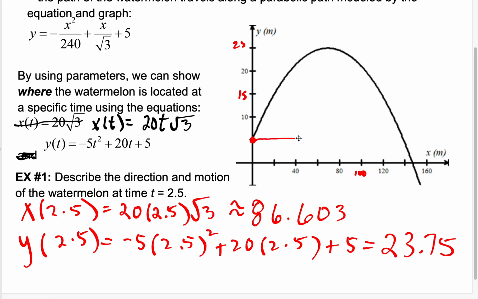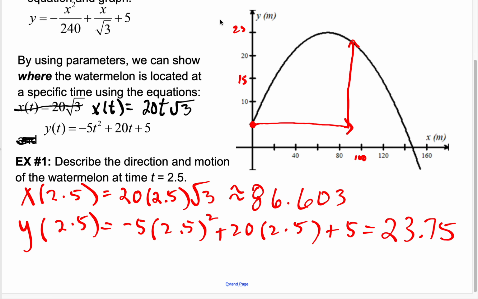So we're going this way, about right there, 86.603, and then from there we're going to go up. So we traveled that way, and then we traveled that way, and that is where the watermelon will be at time t equals 2.5.